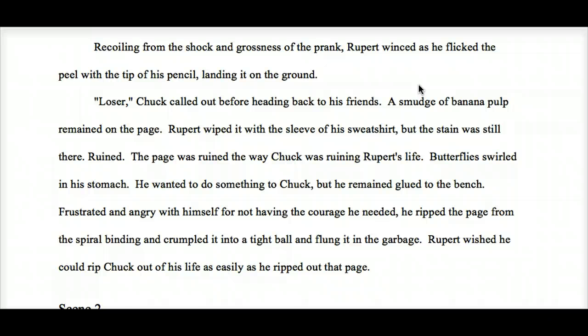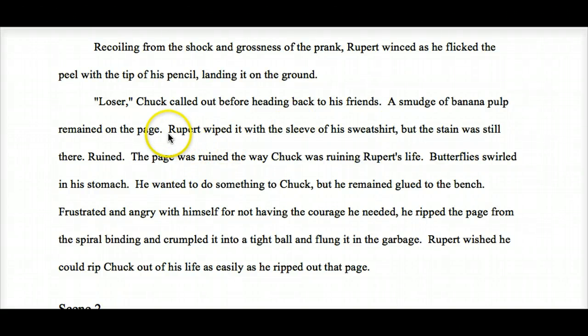A neutral word would be mark, but that doesn't carry enough meaning. When Rupert looks at that banana pulp on his page, to him it's a smudge. And we know from the meaning of the word smudge that a smudge is something that dirties something. We don't like smudges. And that's what Rupert thinks of that banana pulp that's on his notebook.